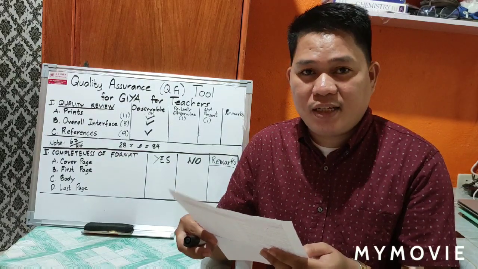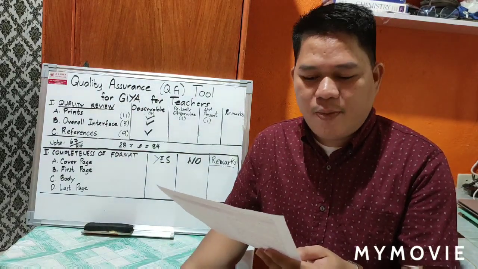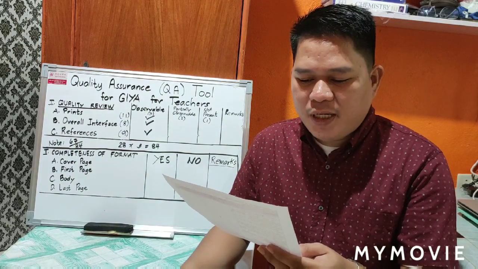Number 7, does not use access dates unless publication dates are unavailable. Use only retrieved from, followed by a date when there is a publication date. So kailan mo na-access, you can just write retrieved from. Number 8 rather, use the abbreviation ND if the publication date of a printed work is uncertain.